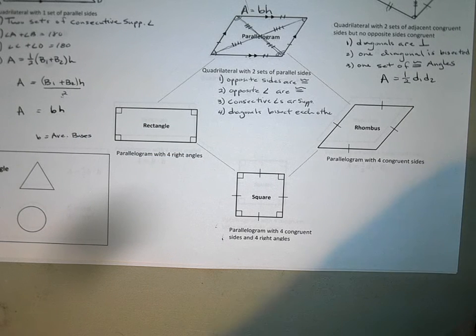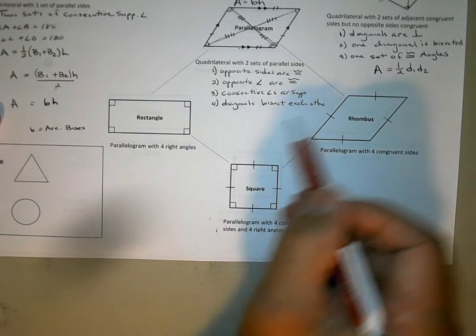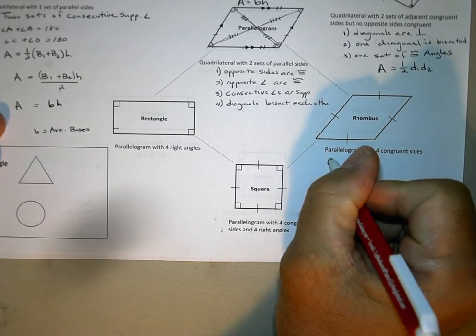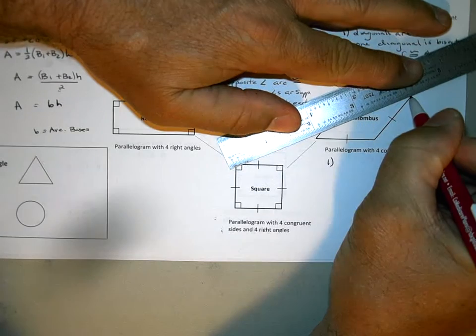So what do we know about a rhombus? A rhombus has 4 congruent sides, has all the characteristics of a parallelogram, plus 4 congruent sides. And one more thing, the diagonals of a rhombus, like a kite, are perpendicular.